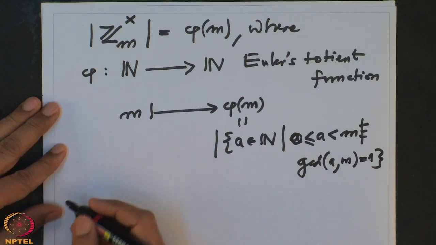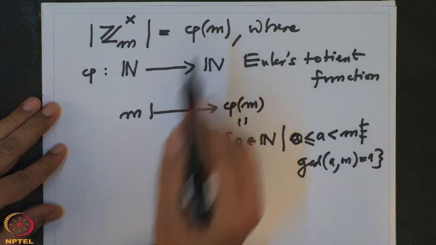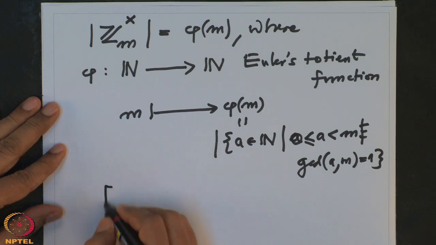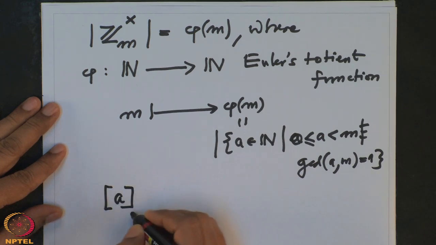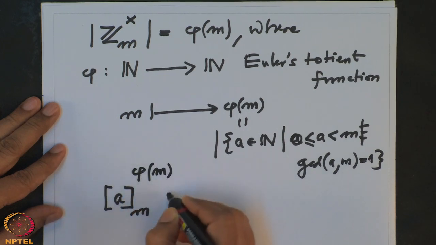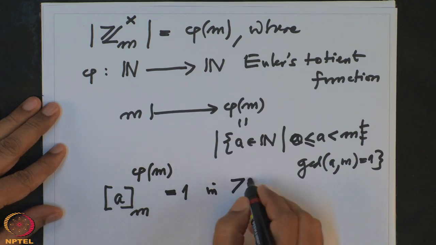So the first thing to note is that because this is a group and its order is phi m, if I take any element, any element is a residue, and if I raise it to the power phi m, that should be 1 in Z mod m.